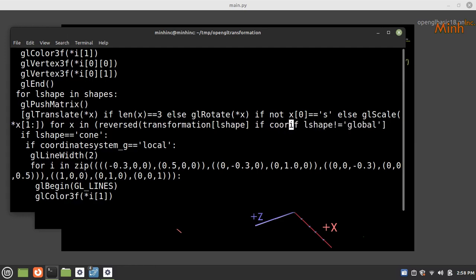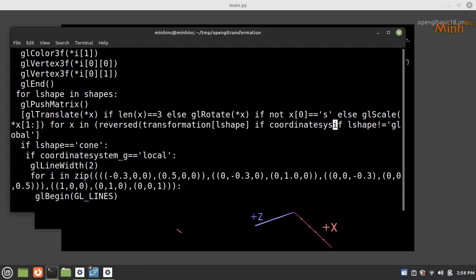If coordinate system is equal to grand, S transformation L shape. Okay, so this is the code we have added.